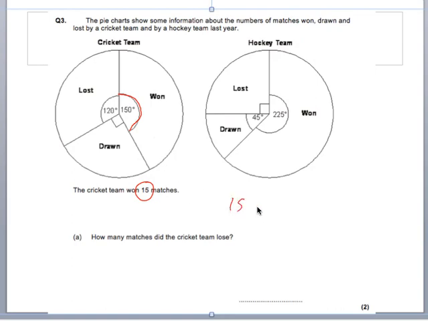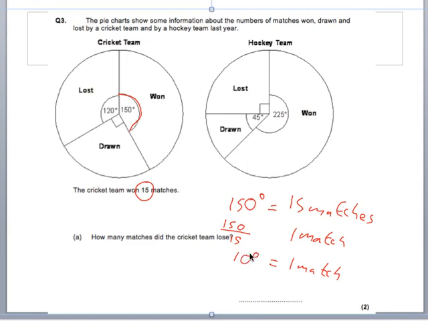So 150 degrees is equal to 15 matches. To find out what one match represents, all I need to do is divide 150 by 15. So one match is represented by 10 degrees.